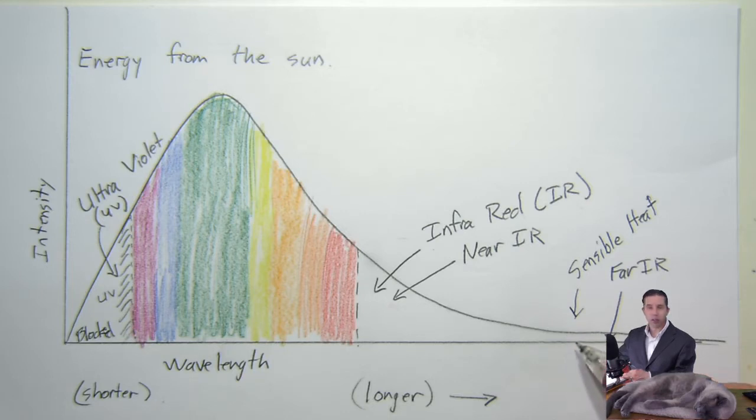Our eyes can't see them. Now it's worth pointing out that some animals can see other waves that we cannot, right? So we can't see near infrared right here. But snakes, for example, pit vipers, they have this little pit on their head and it's a sensor and they can see things that are warm.